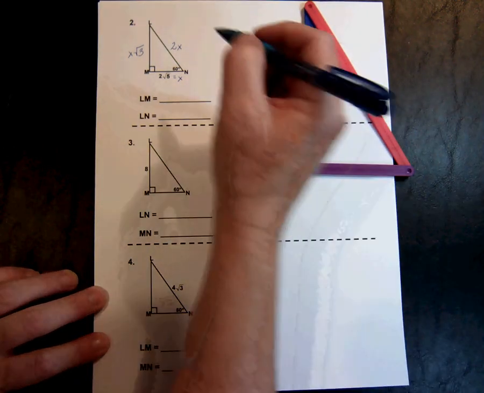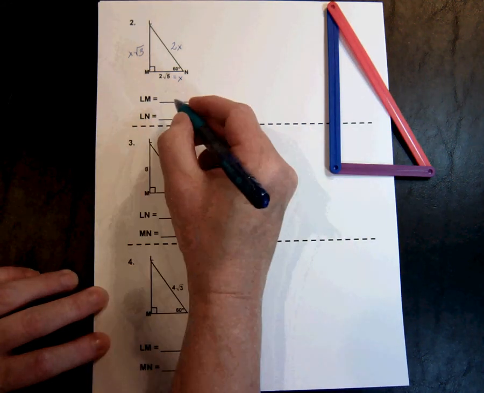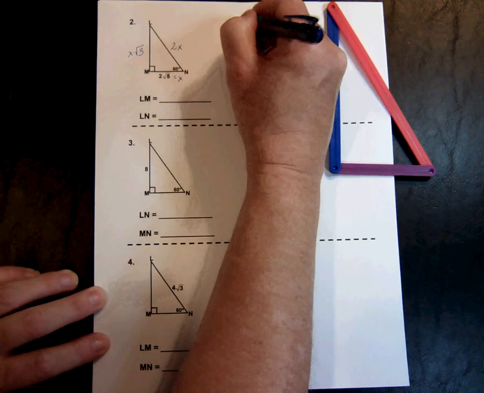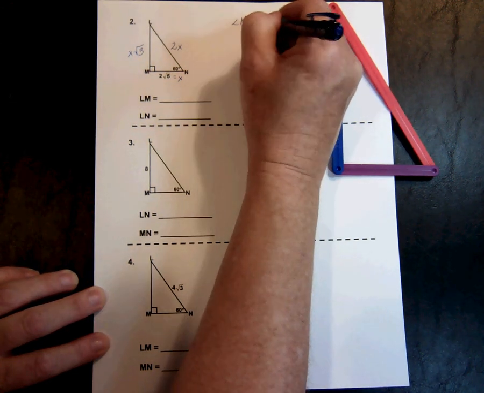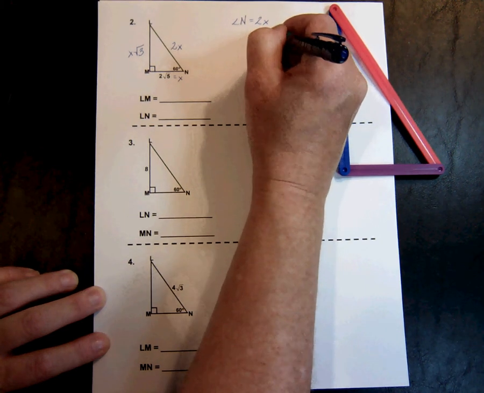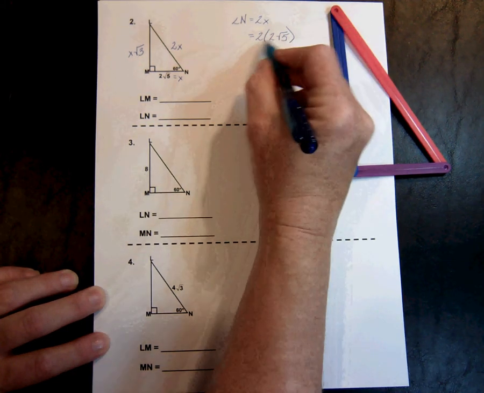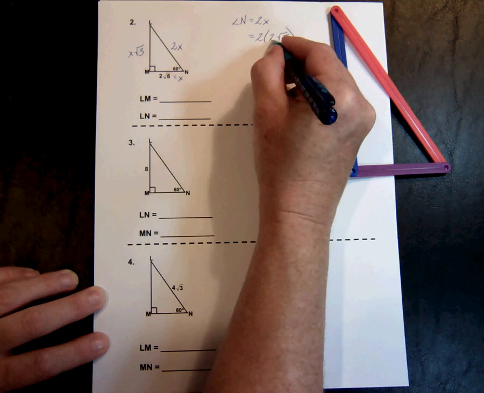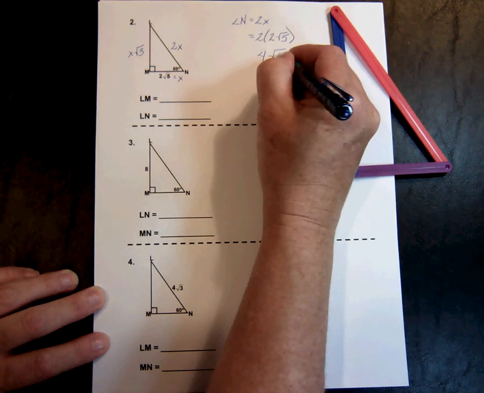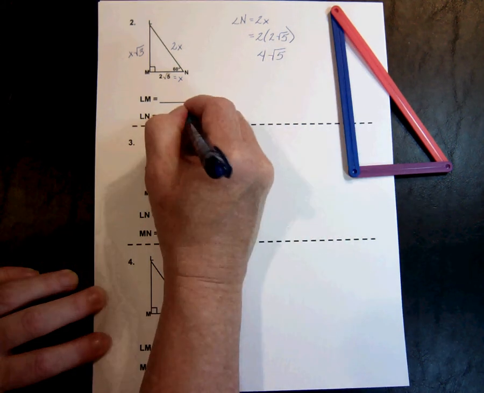Okay, so if Ln is 2 x's, then Ln is equal to 2 times 2 square roots of 5. When you're multiplying radicals, you can only take your whole numbers together. The other has to stay in radical form if it's under the radical. So let's label that 4 square roots of 5.